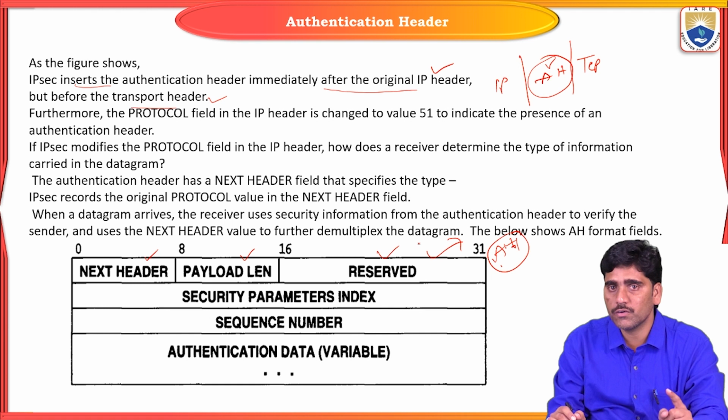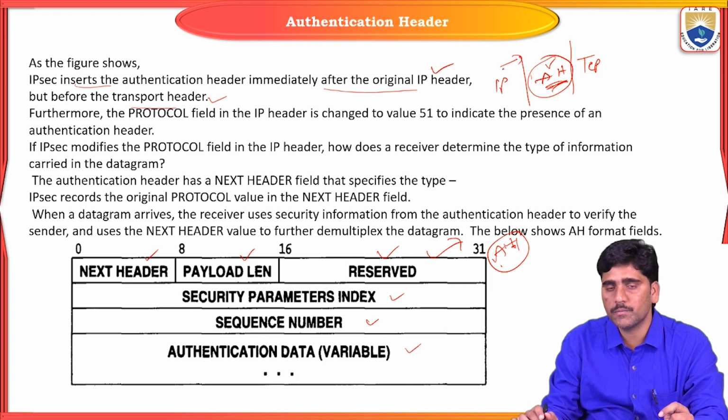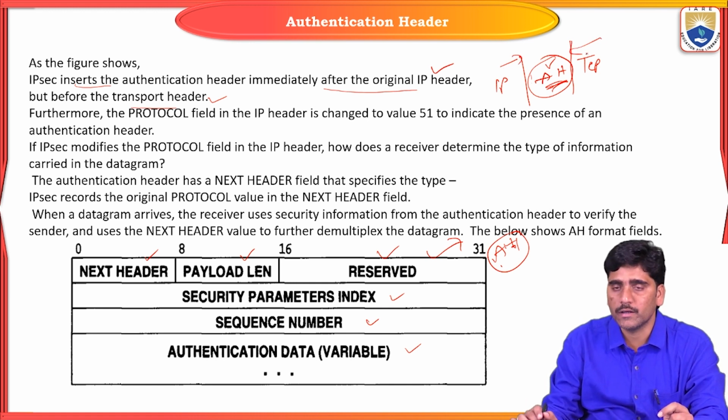Next is the reserved field, then the security parameters index, then sequence number, and then authentication data. So these are all the fields contained in the authentication header, which comes after the Internet Protocol header and before the TCP header.